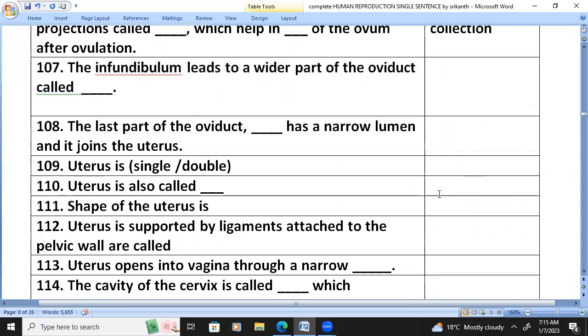The infundibulum leads to a wider part of the oviduct called the ampulla. The last part of the oviduct, the isthmus, has a narrow lumen and joins the uterus.